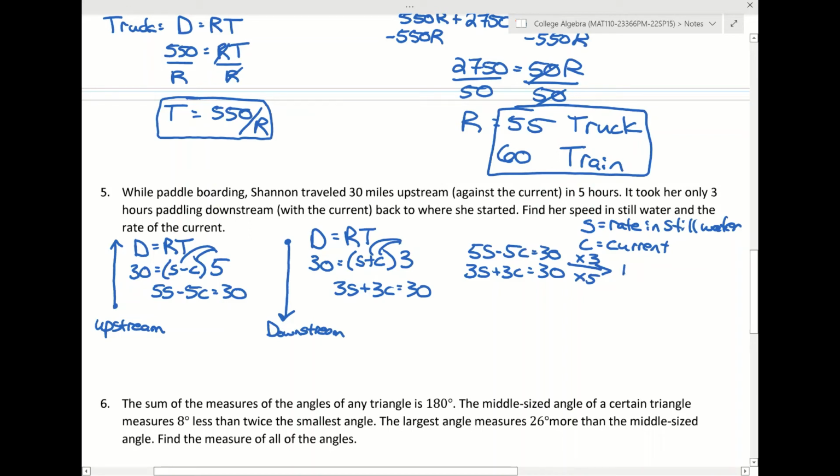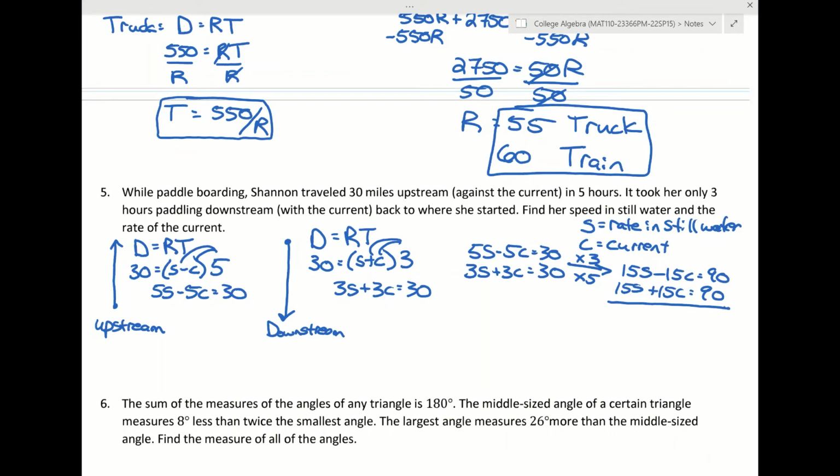We wind up getting 15S minus 15C is equal to 90. The bottom would be 15S plus 15C is equal to 90. If we add those together, we get 30S is equal to 180.